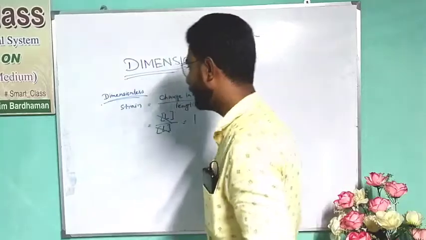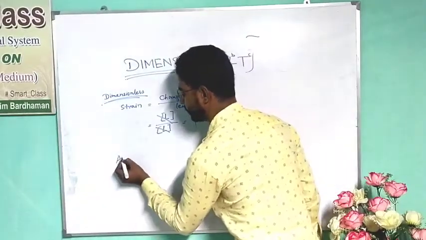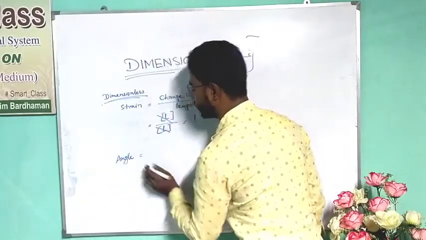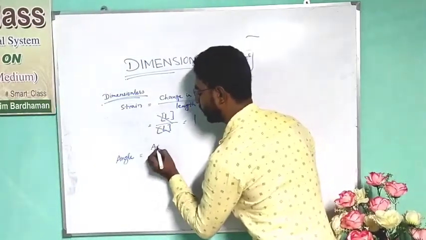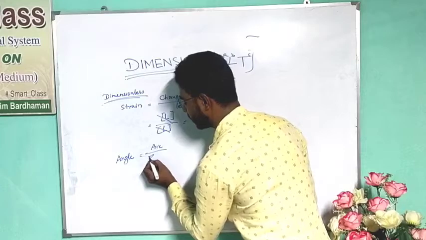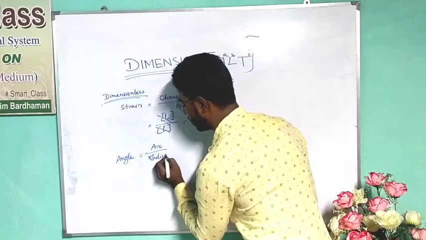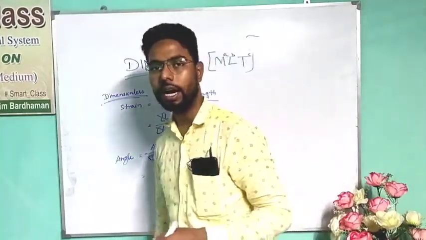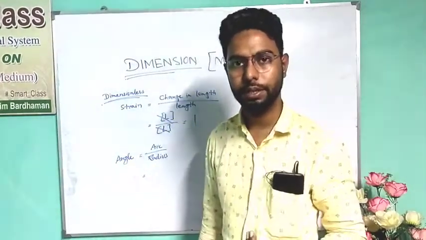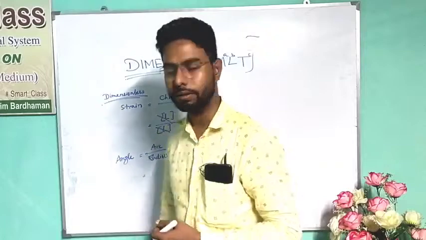Similarly, we have angle. The formula of angle is arc by radius. Arc can be measured in meter, centimeter, kilometer, so arc is also a length.